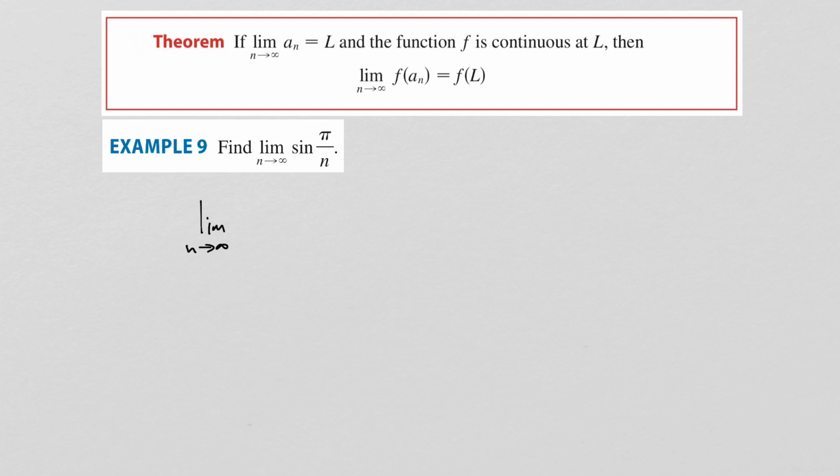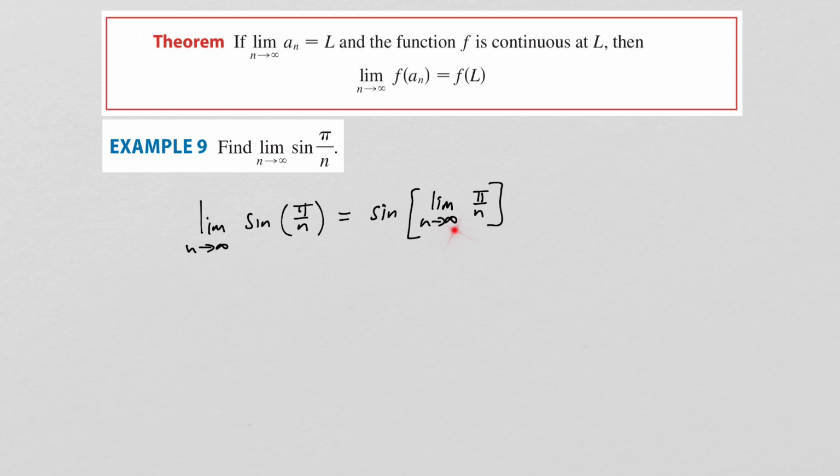Now, this rule is actually very intuitive, but basically what you're going to do here is you're going to say, since sine is continuous everywhere, we can take this limit and move it inside of this function. And so this becomes sine of the limit as n goes to infinity of pi divided by n.